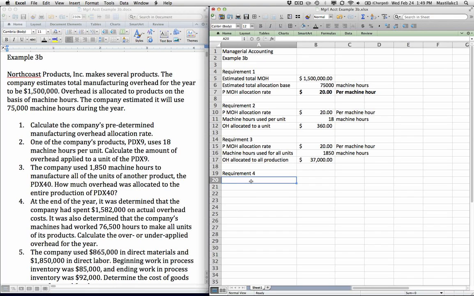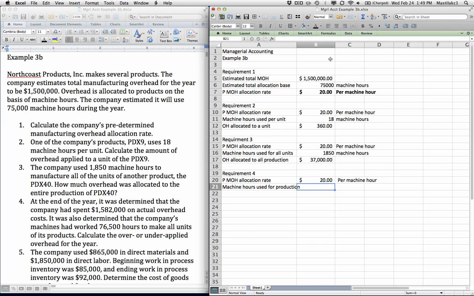So there are really 2 steps here. The first thing that we have to do is use our predetermined manufacturing overhead allocation rate of $20 per machine hour. And then we're going to multiply that by the machine hours used for production.